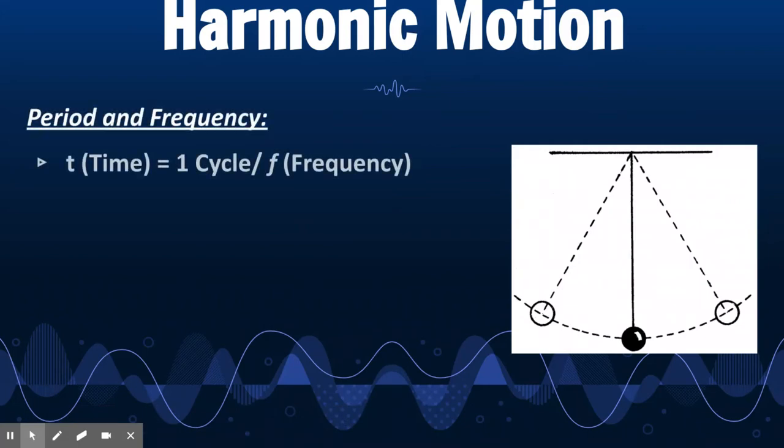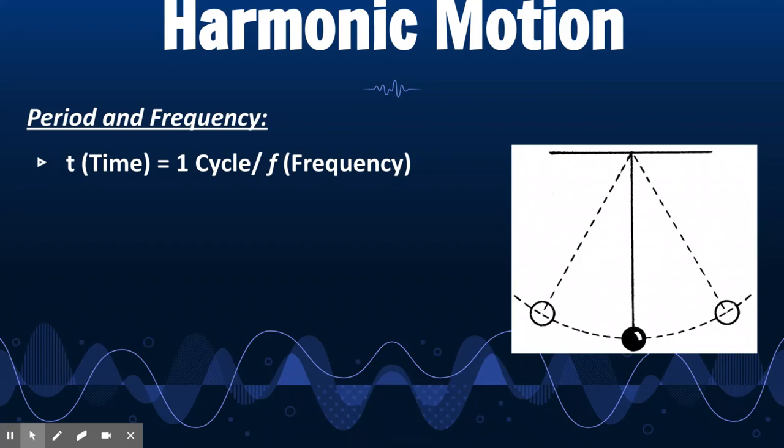Period and frequency go together a lot, because when we talk about the time that it occurs, we're going to be looking at the period and the frequency. So time is going to equal 1 cycle divided by the frequency. How long it's going to take for one cycle to occur is 1 divided by the frequency. So if our frequency is 1 hertz, 1 divided by 1 is going to equal 1 second.